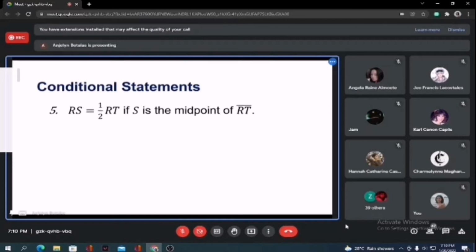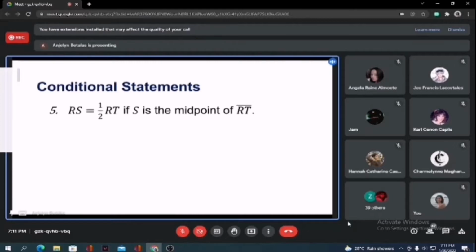Okay, so I will do it. The hypothesis here is S is the midpoint of segment RT.